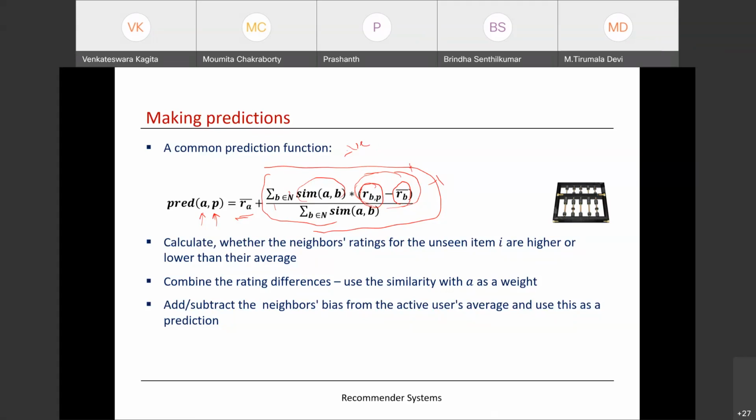Have you got the prediction method? This is how you can predict the target user's rating for a new item P. Like this, we find the ratings for all the unobserved entries and rank them according to the predicted ratings. Once we rank them, we recommend the top k items to the user.